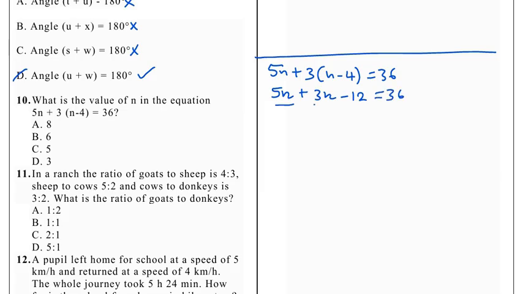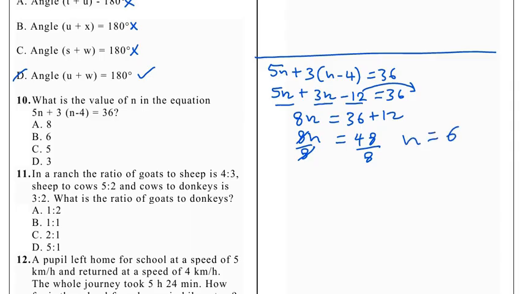So 5 plus 3 like terms, we have 8n is equal to 36 plus 12. If 12 crosses, it changes the sign. 8n is equal to 48. Divide by 8 both sides. We shall have n being equal to 6. So n is 6. B is the right choice.